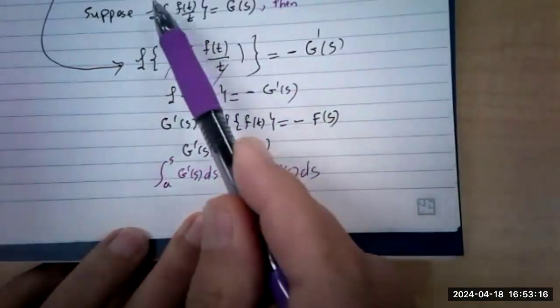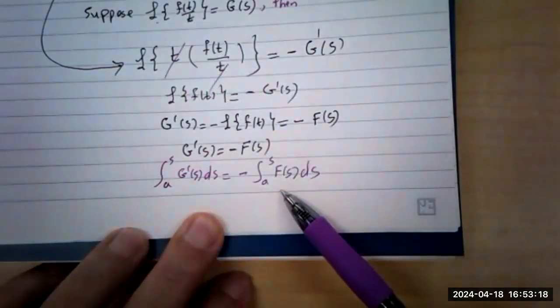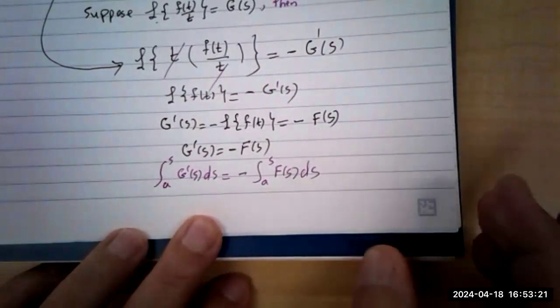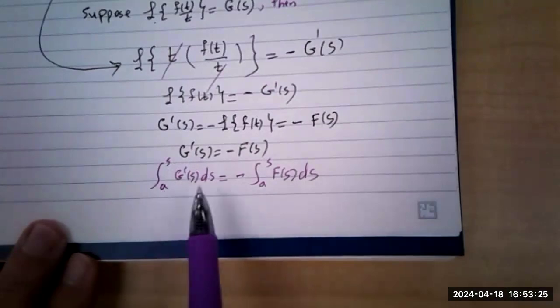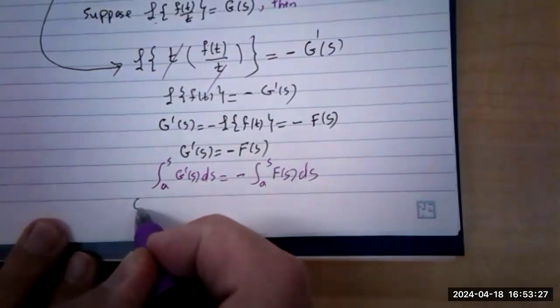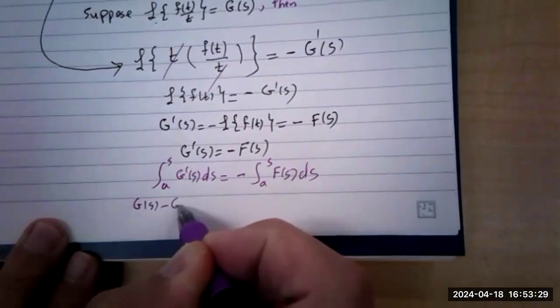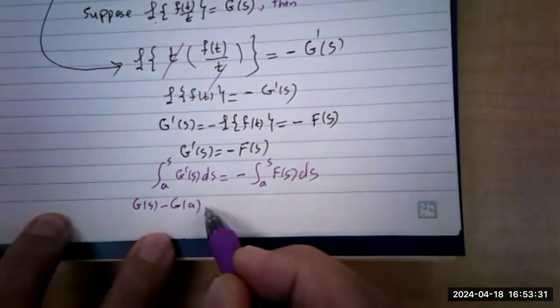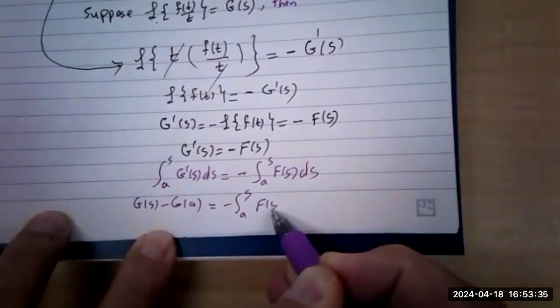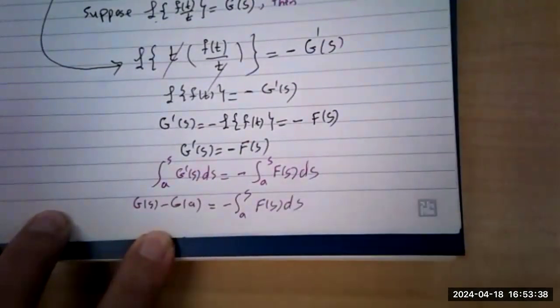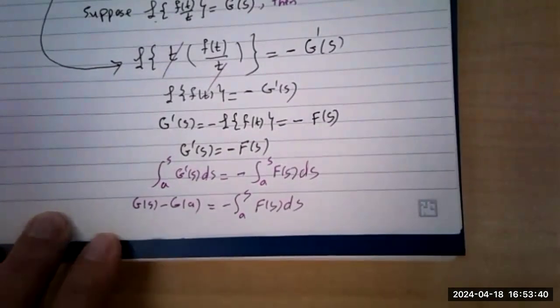Remember, you want to end up with this integral eventually to get your result. This part is going to be g of s minus g of a. And on the other side, we get negative integral from a to s of F of s ds. Just the usual practice of integration.